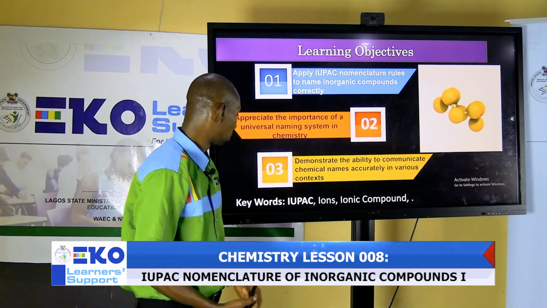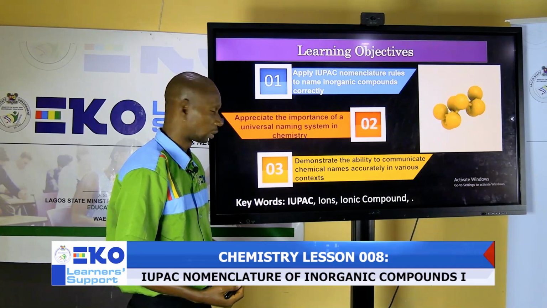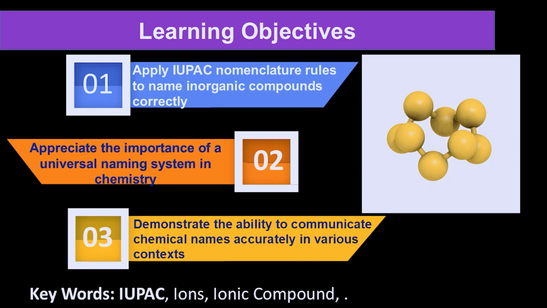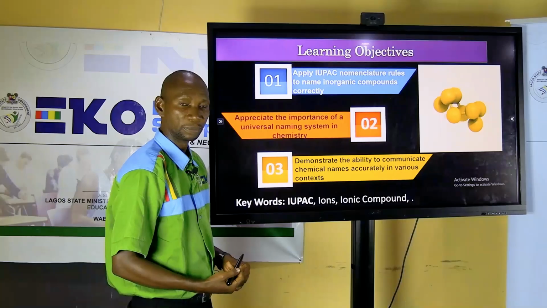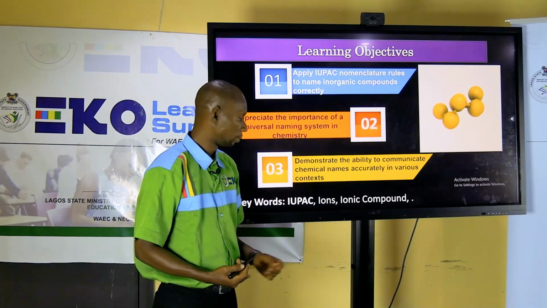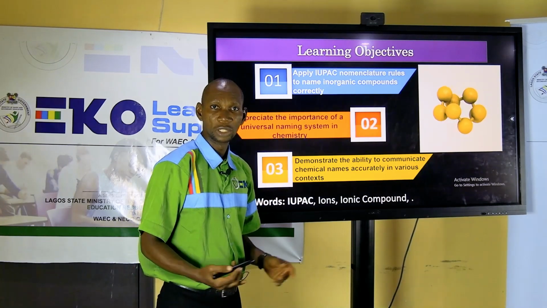But before we leave the objectives, these are some of the keywords that we need to be able to understand the topic proper. First, IUPAC. IUPAC stands for International Union of Pure and Applied Chemistry. It is a world body that controls what happens in the field of chemistry. Ions. Ions are atoms that possess charge.